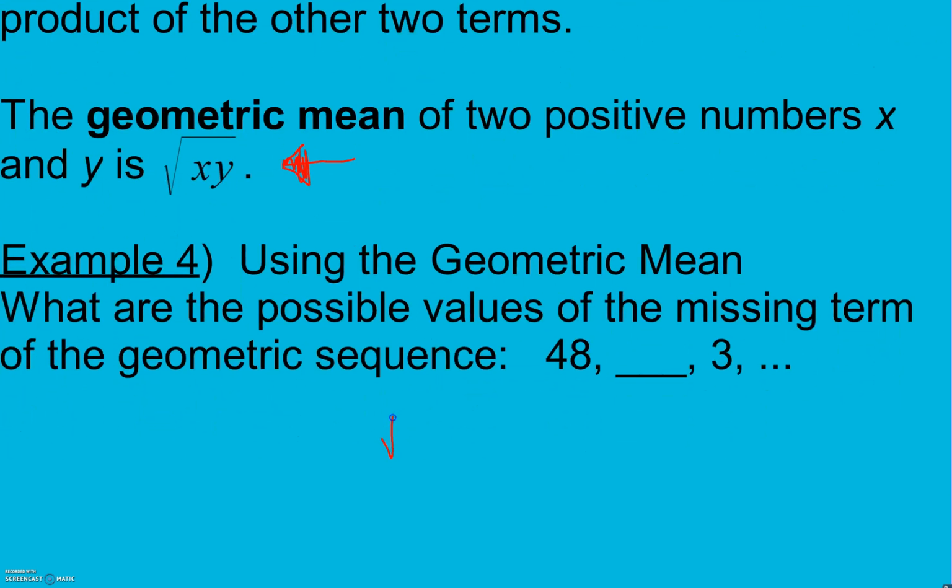So what we're going to do is take x and y, square root of x times y. 48 times 3 is 144. And the square root of 144 is 12. But we took the square root, so it could be plus or minus 12. And that's all we do there. That's what our middle term could be. We just use that little formula.